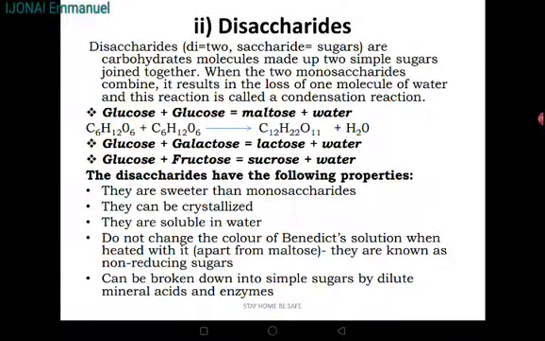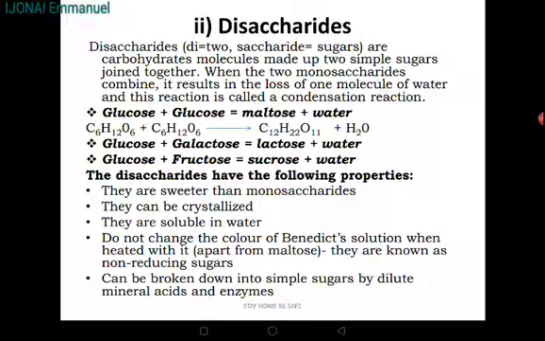So disaccharides comes from two words, di and then saccharide, where di means two. Di, two. Mono, one. Then di, two. Then saccharide means sugars. And these are carbohydrate molecules made up of two simple sugars, and these sugars are joined together.